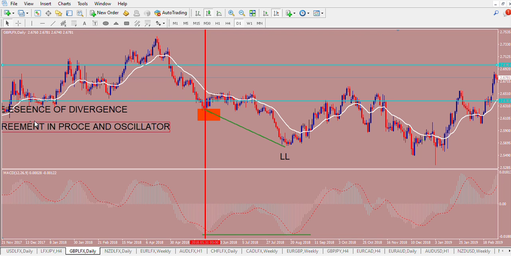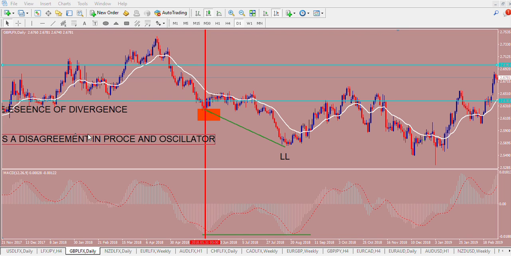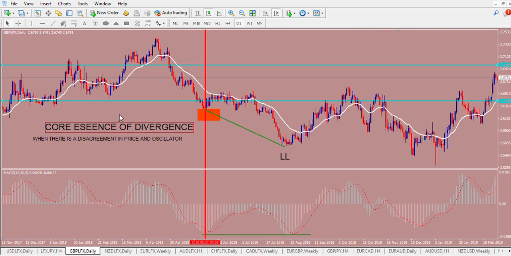If you agree with me fully well, when price is going upward and oscillator refuses to go upward, we are having a divergence. So just know that the essence of divergence is when price does not agree with oscillator in its movement.